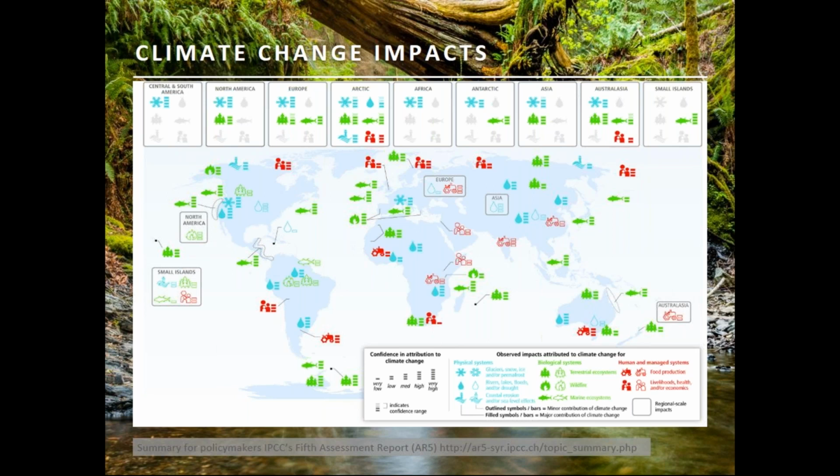But probably 10 years after those first talks within the institution, now PA managers are identifying observed impacts of climate change on their protected areas, and they're really worried about what's going on. So it's not what is going to happen, it's happening right now. And this graph, which I invite you to read in the report, is a perfect example of it.